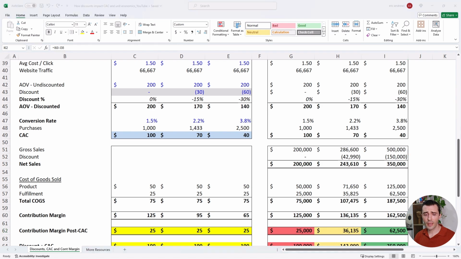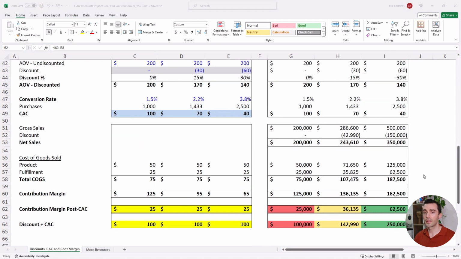The other thing that I just want to mention is that a lot of brands think about their marketing and their discounts totally separately. But from a customer lifetime profit standpoint, they are equal. Whether you give $100 to Facebook, via its ad platform, or you give $100 to your customer via discount, the contribution margin post-marketing is the same.